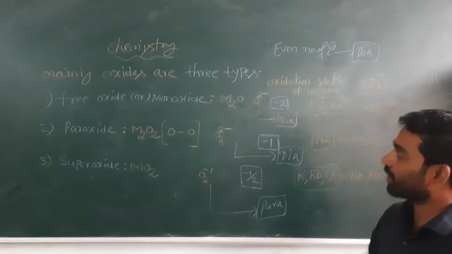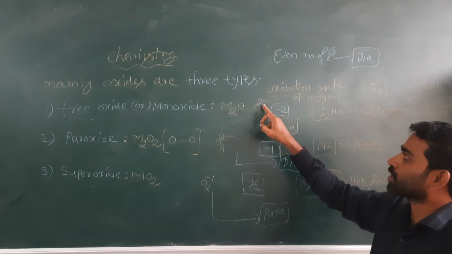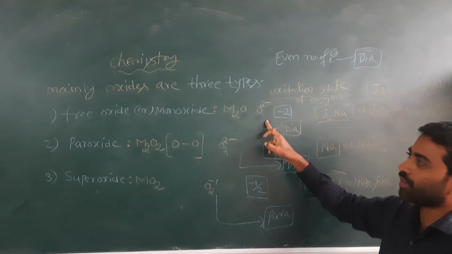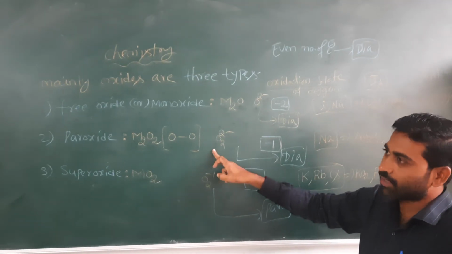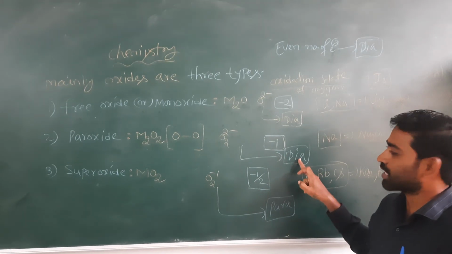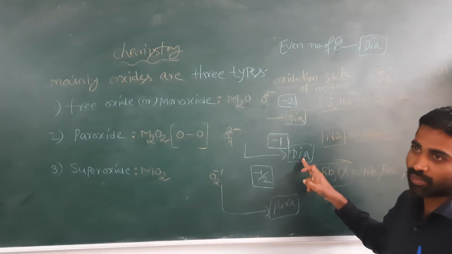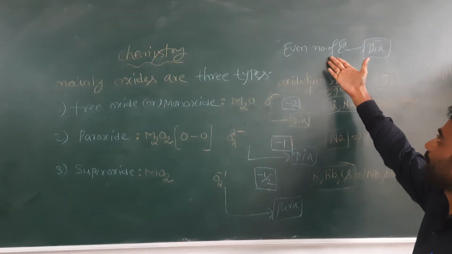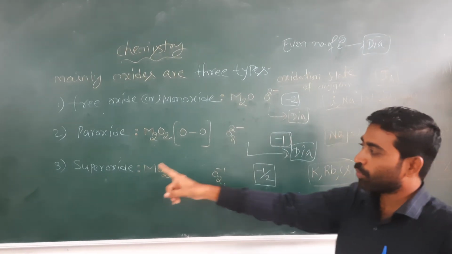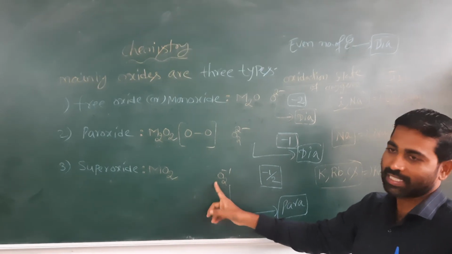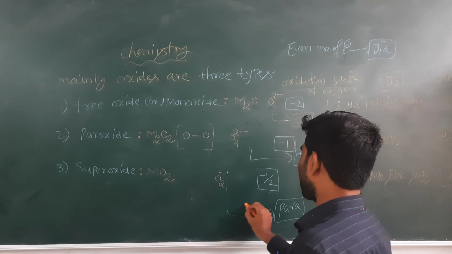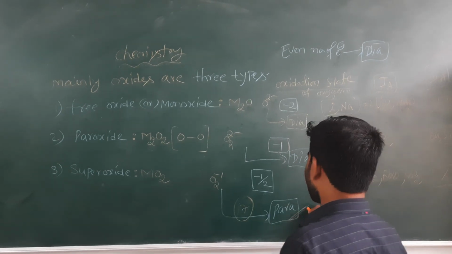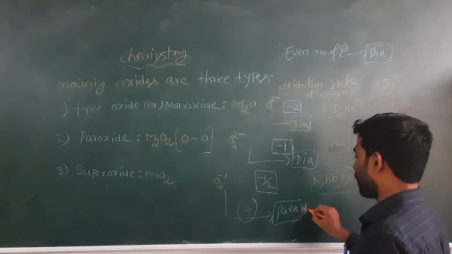Oxygen has atomic number 8, plus 2, which is 10 electrons, an even number, that's why it is diamagnetic. In the peroxide, oxygen is 8 plus 8, 16, plus 2, an 18 electron system, also an even number, so it is diamagnetic. But in superoxides, oxygen is 8 plus 8, 16, plus 1, a 17 electron system. That's why it shows paramagnetic nature, very, very important.